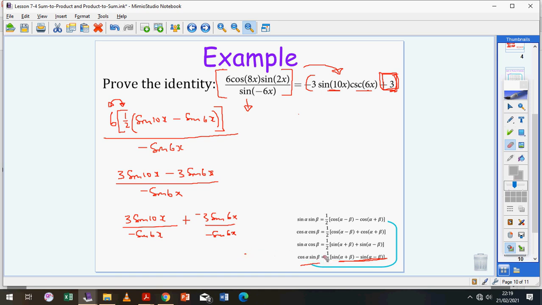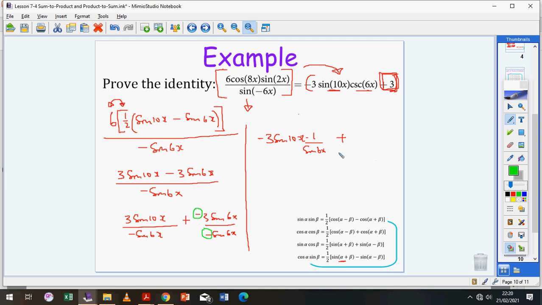Okay, so 3 sine 10x divided by negative sine 6x is just negative 3 sine 10x times 1 over sine 6x, plus, the two negatives cancel out to give me a positive.